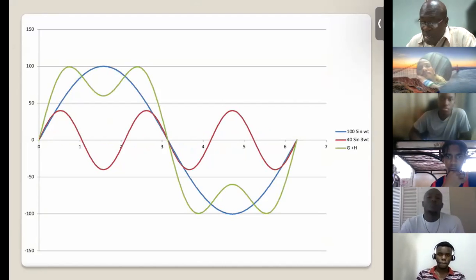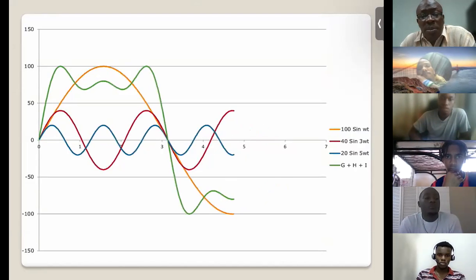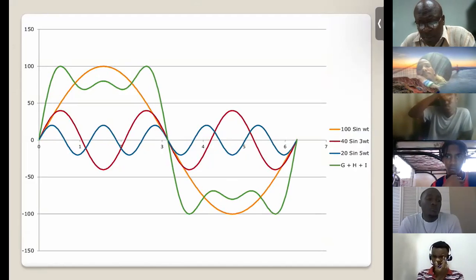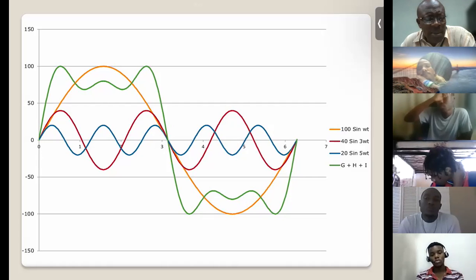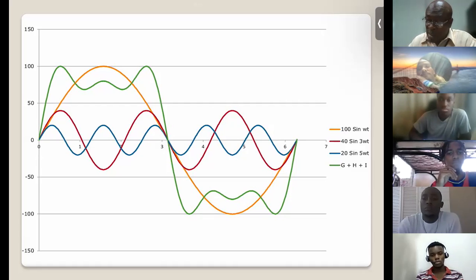In this instance, we're adding waveforms with frequencies that were odd multiples of the frequency of the square wave. And we saw that these, when added, were getting closer and closer to being a square wave.